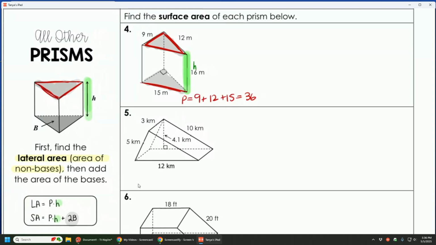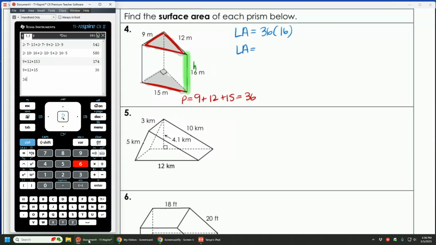For lateral area, I'm going to call this LA: perimeter, which is 36, times height, which is 16. So lateral area, 36 times 16, gives me 576 square meters.